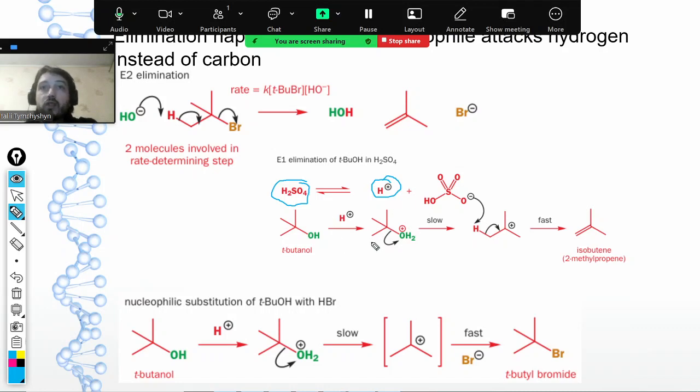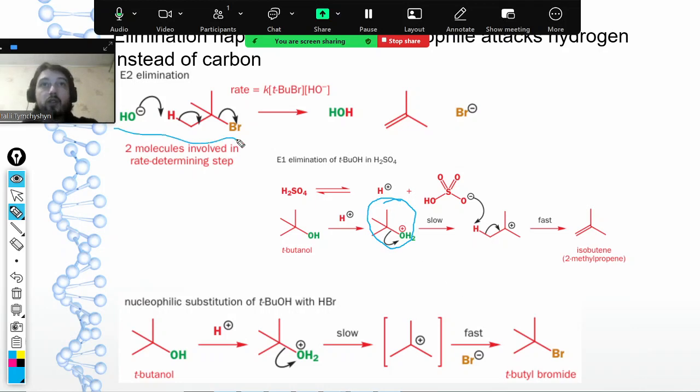These protons may protonate oxygen. This leads to a very nice leaving group like water. Water is a good leaving group, and here we see a very slow step of the leaving group going away. This is a first order step, because we have only this one molecule involved, nothing more.